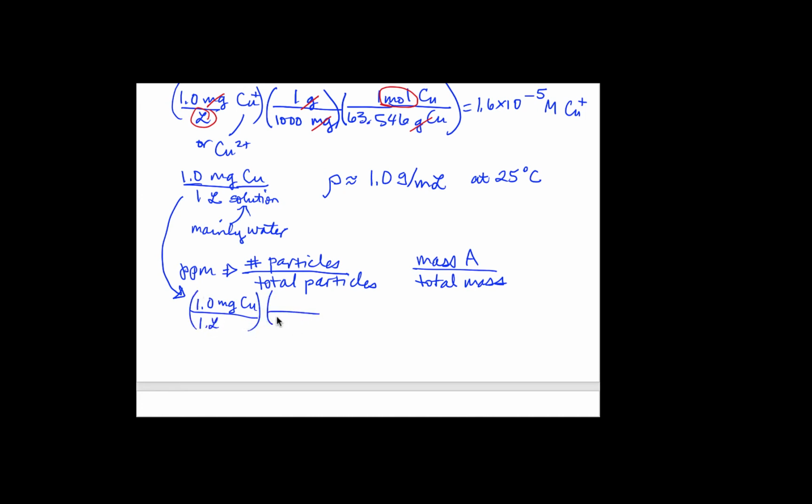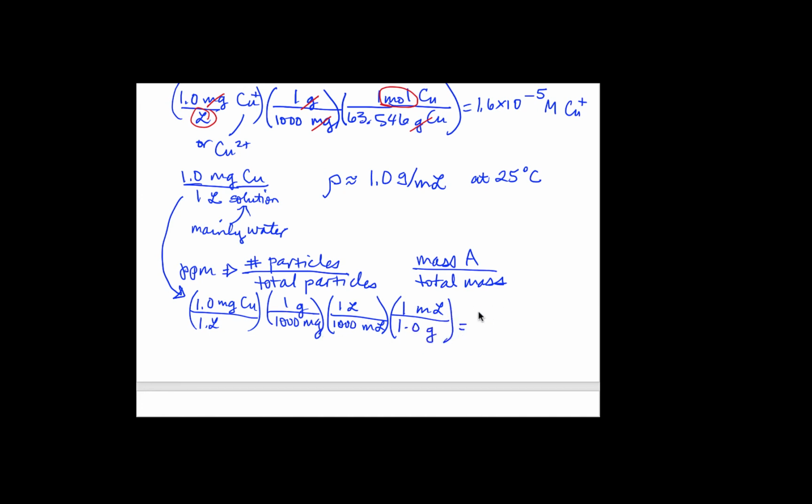So we still need to get rid of those milligrams. And now for liters, we have 1,000 milliliters per liter. And in 1 milliliter, we would have 1 gram.